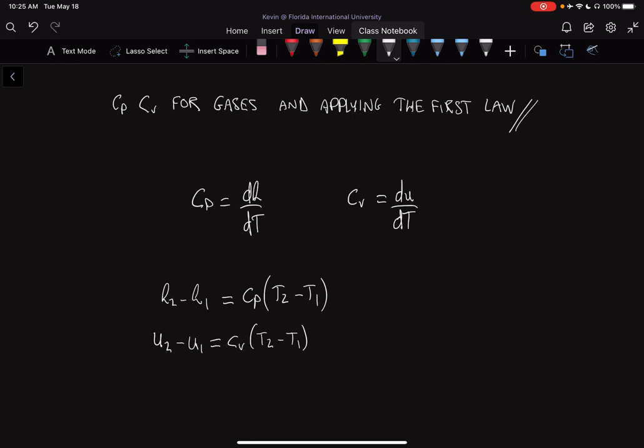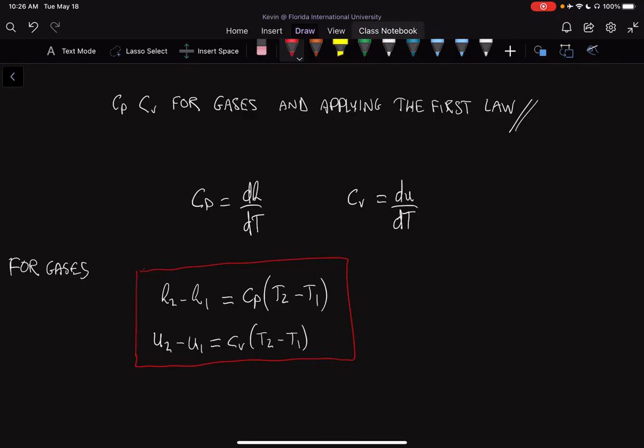And now we can say that for gases, we have two separate equations. So in solids and liquids, remember we had an equation that said C times T2 minus T1 was equal to H2 minus H1 and equal to U2 minus U1.